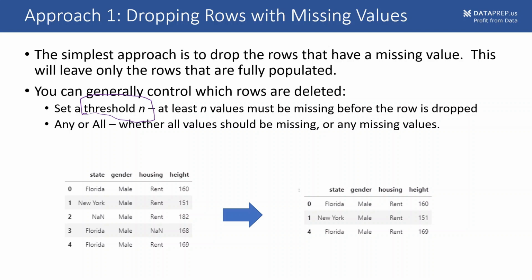You could set a threshold. So you could say that a row or a column should be missing at least 2 or 3 or 5 or some threshold number of values before that row is deleted. So that can help you delete only the rows that have the most egregious number of missing values. And you can apply other conditions as well.